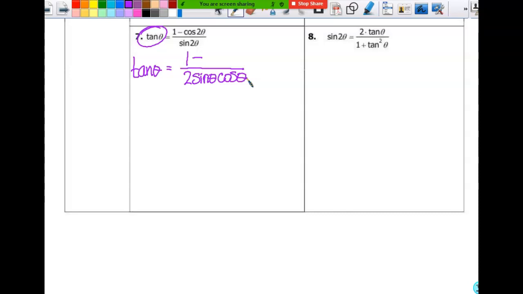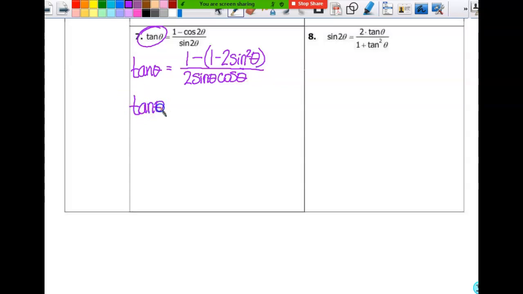I would like to not introduce another cosine in the numerator, plus I'd like to get rid of this 1. So if I look at just the second one, that 1 minus 2 sine squared, that one looks the most promising. So it's 2 terms, so I'm going to put a parentheses. 1 minus 2 sine squared theta. So then that means I get tangent theta.